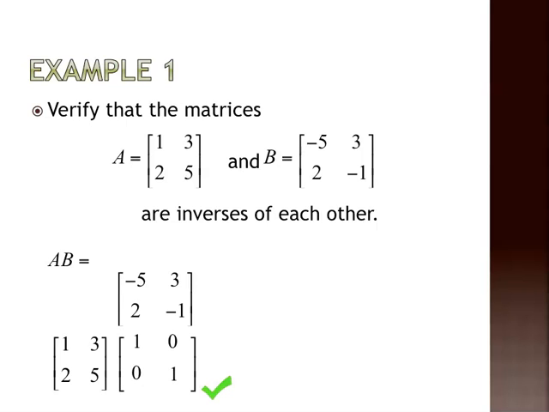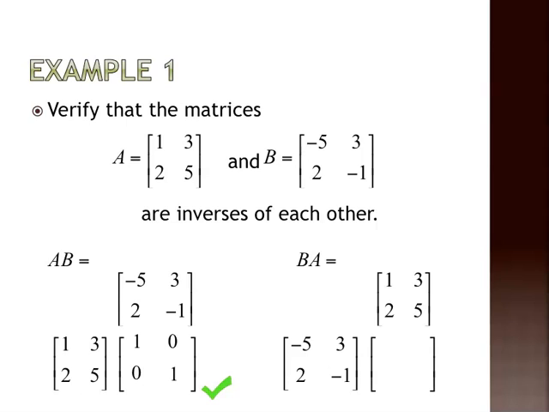All right, we'll do the same thing with B times A and see if we get the identity matrix as well. So I'm going to put B on the left here and A up on top this time. And we'll do negative 5 times 1 is negative 5, plus 3 times 2, that's 6, so negative 5 plus 6 is equal to 1. We'll go down to the next entry. We have 2 times 1 plus negative 1 times 2, that's 0.